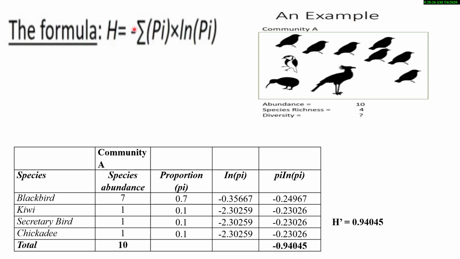Because we have a negative sign here, this negative will cancel this negative. So in the end, we are going to get 0.94045 as our diversity index, as our Shannon-Wiener diversity index.